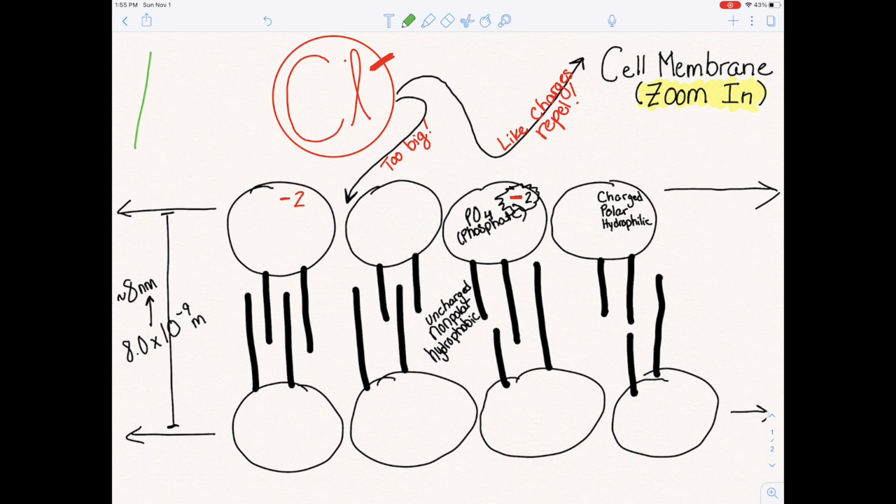So you may be asking, what if we have a positively charged ion? So let's take the example of a potassium ion, K+. Whereas chlorine gets repelled by the -2 charge from our phosphate group, potassium is more likely to just get stuck to that -2 charge.